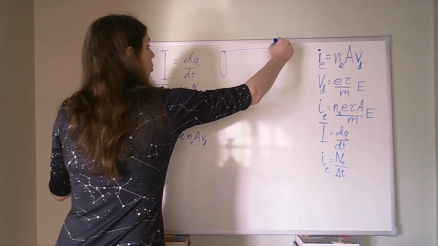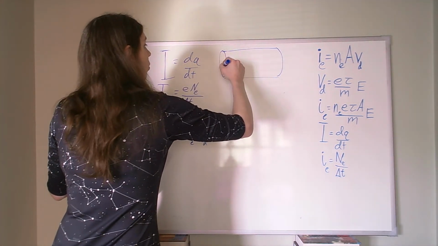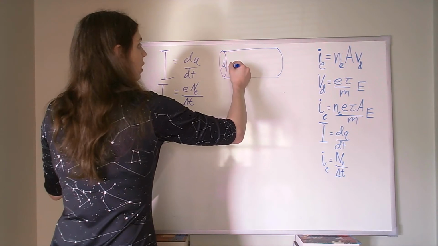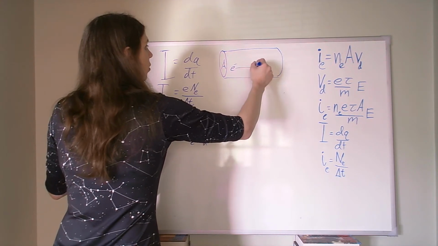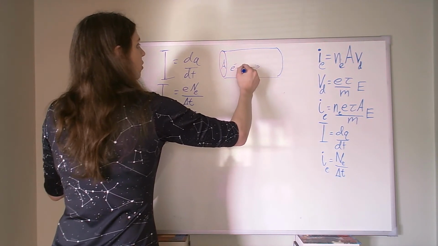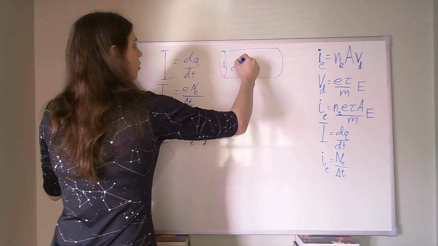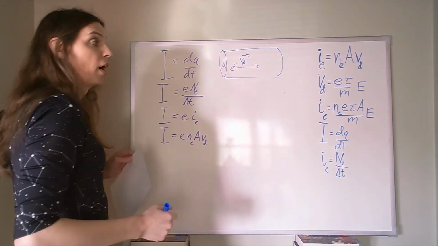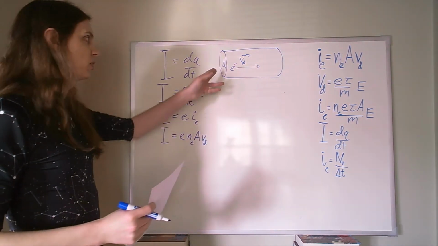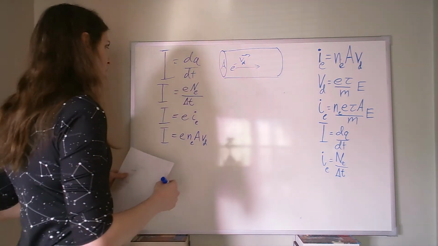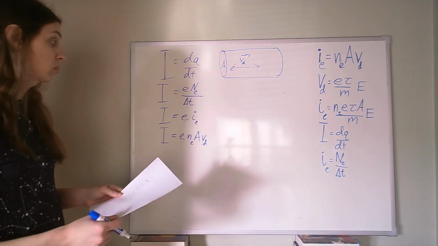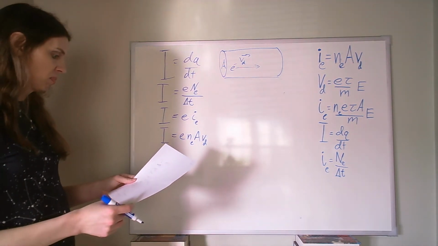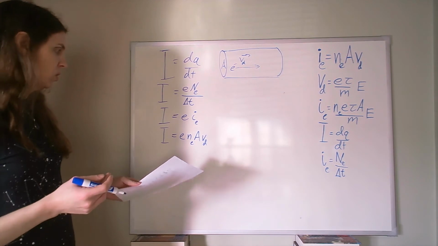Recall we're looking at electrons traveling at some drift speed through a wire with a cross-sectional area of A. And so we have that.